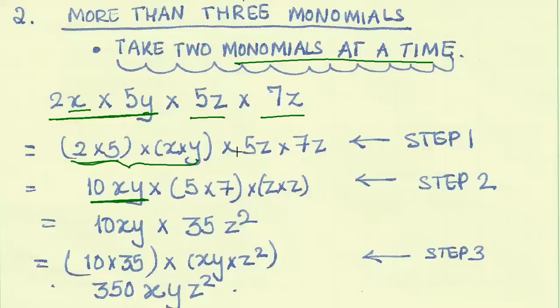Now the second part we can do is multiply these two monomials here, that is 5z and 7z. We multiply 5 by 7, these two coefficients, and we multiply z by z, and when you simplify this, you get 35z squared, and here you have 10xy.